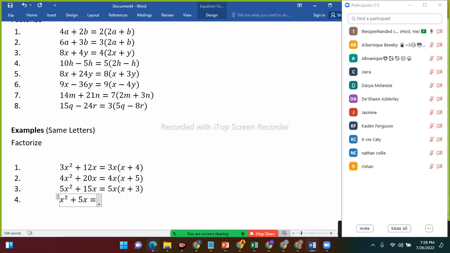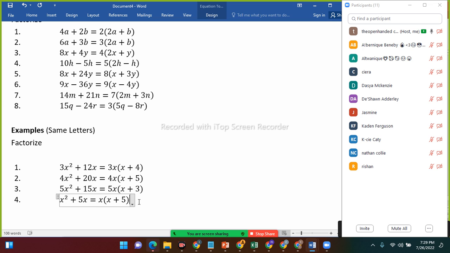How do we do that? So x will just be on the outside of the bracket. So x is common in both of them. So x, open bracket. What else we have? And then x will be on the inside plus 5. Plus 5, very good.